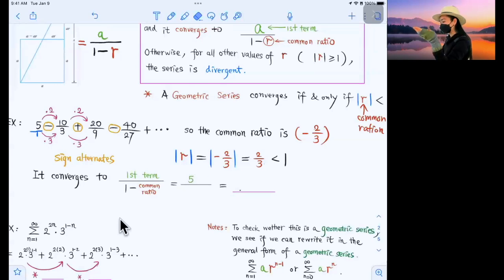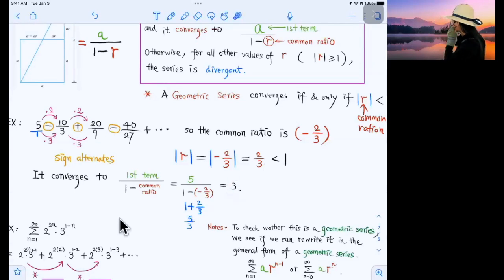And the common ratio is negative 2 over 3. Doing the algebra, it should be 15. Wait, it's not 15, it's 3. Because the ratio here is minus 2 over 3, so this is going to be 1 plus 2 over 3, which is 5 over 3. 5 divided by 5 over 3 is 3.